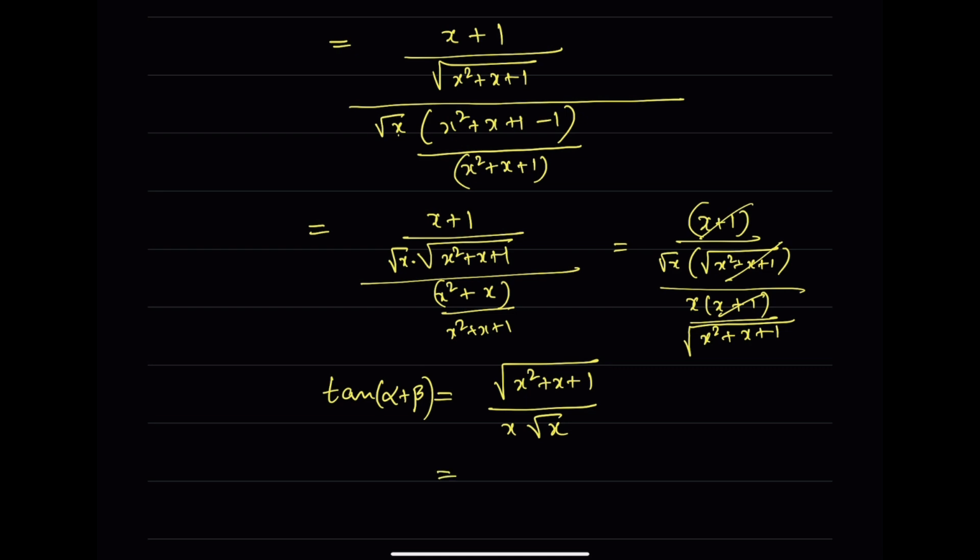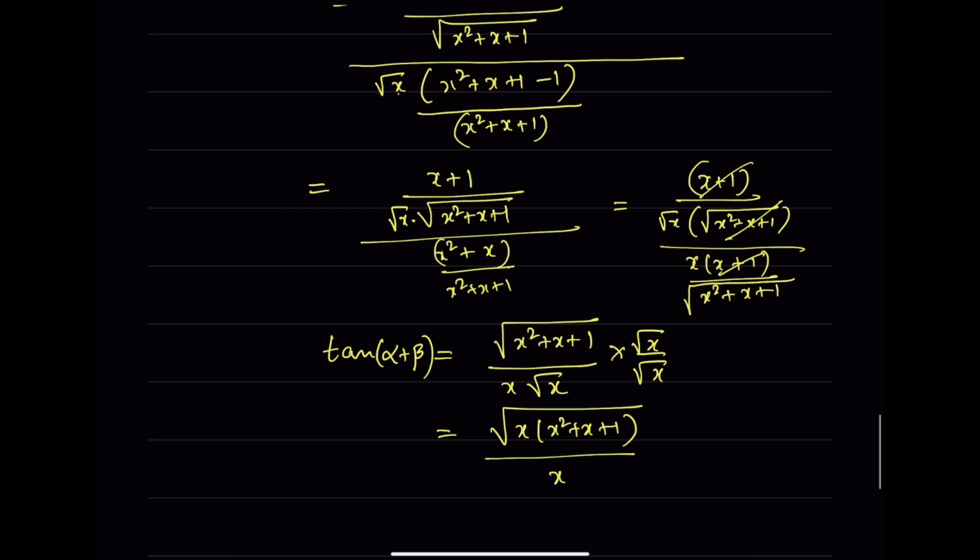Now what we can do is, let's multiply and divide by square root of x, so that in the denominator we can solve the square root of x part. So the numerator would change to x times the square root of x squared plus x plus 1, divided by x squared. Correct?